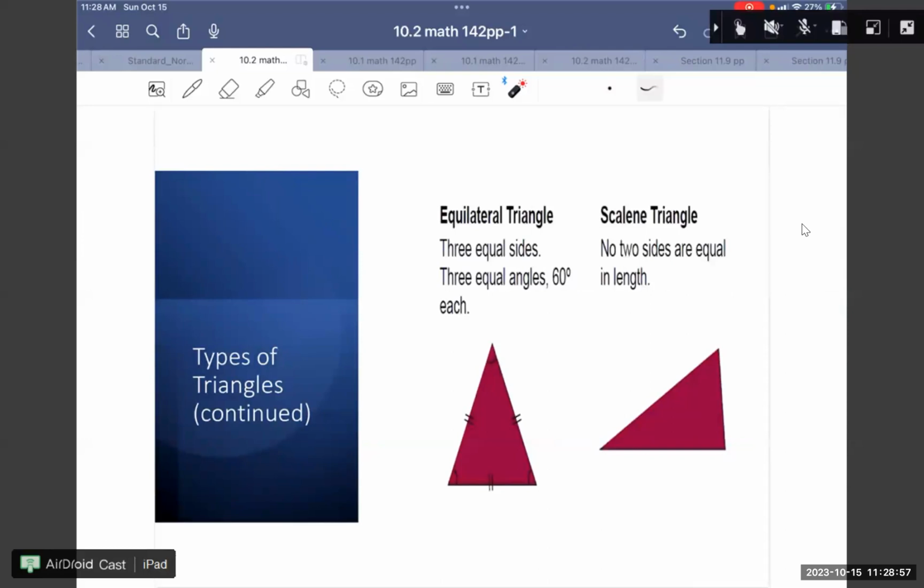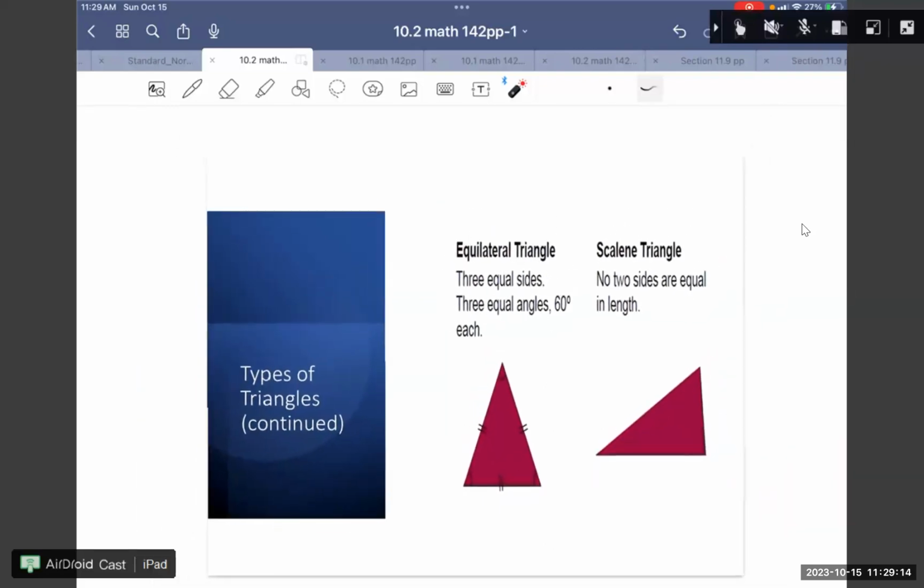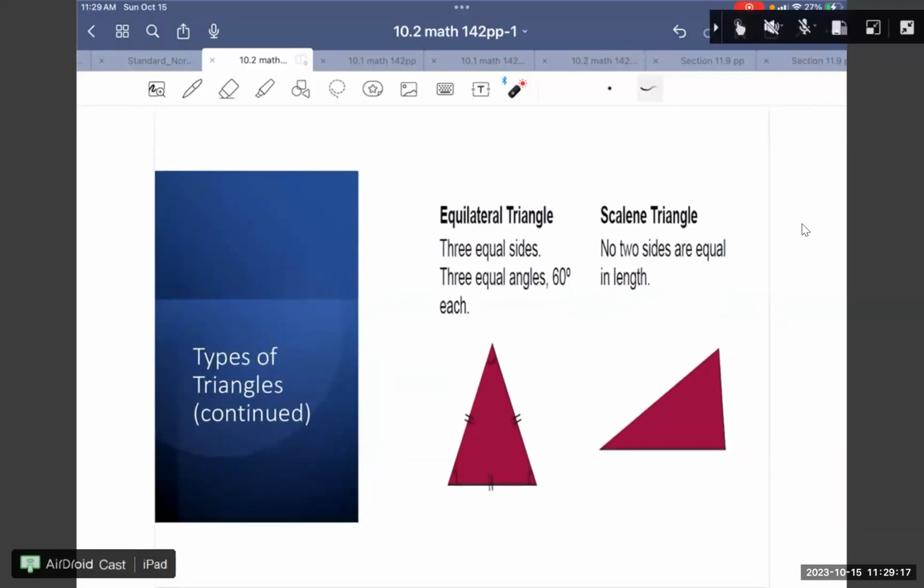Another one is the equilateral triangle, which has three equal sides and three equal angles.